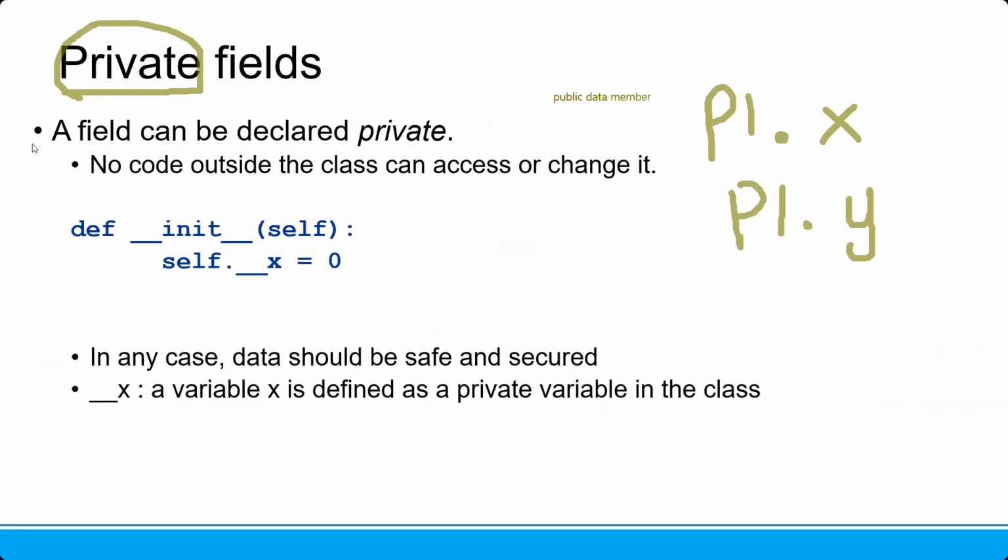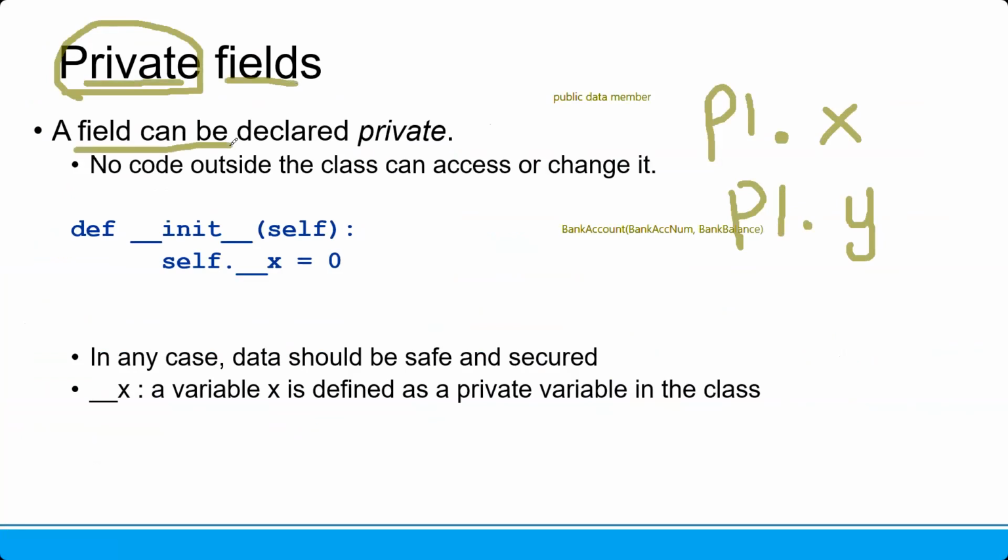For example, if I want to create a class about a bank account, in the bank account you will have the bank account number, and then let's say the bank balance. The bank balance means the money that you have in the bank. Do you want to share the data with other people? Of course, you do not want to. Then you need to make it a private field.